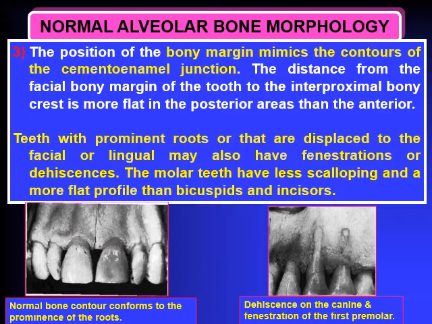So, teeth with prominent roots or that are displaced to the facial or lingual may have fenestrations or dehiscence. Okay? The molar teeth have less scalloping and a more flat profile than the bicuspids and incisors. Because of that, the interproximal bony crest is flatter in the posterior areas.